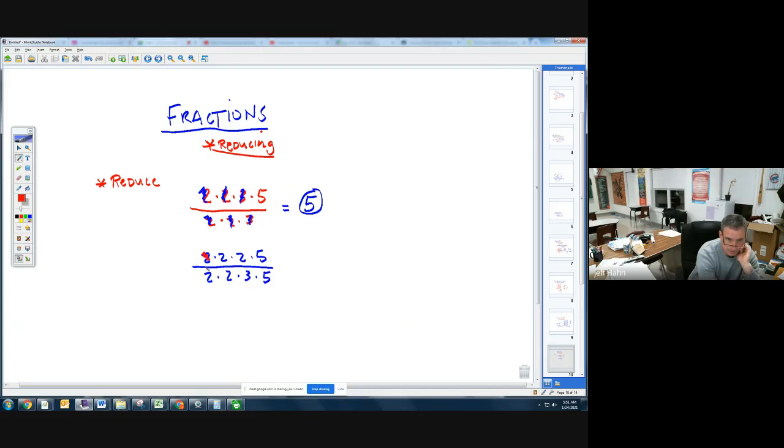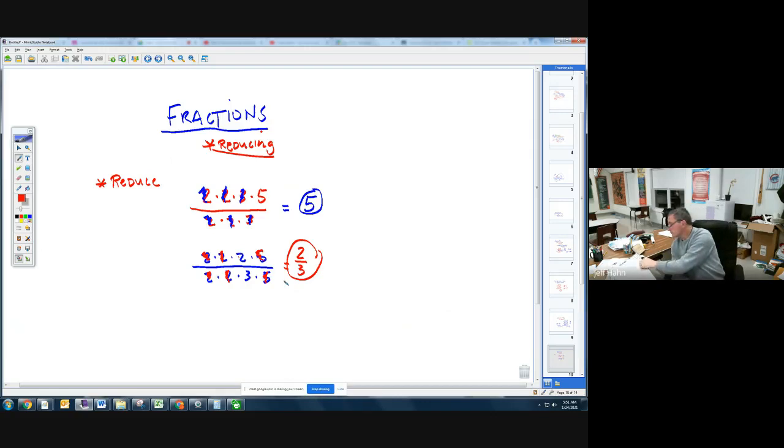This 2 would cross off with this 2. This 2 would cross off with this 2. There are no more 2's on the bottom to cross off with that 2, so it stays. There's no 3's on top to cross off with that 3, so it stays. This 5 crosses off with this 5, and you are left with a 2 on top and a 3 on the bottom. So this whole thing reduces down to 2/3.